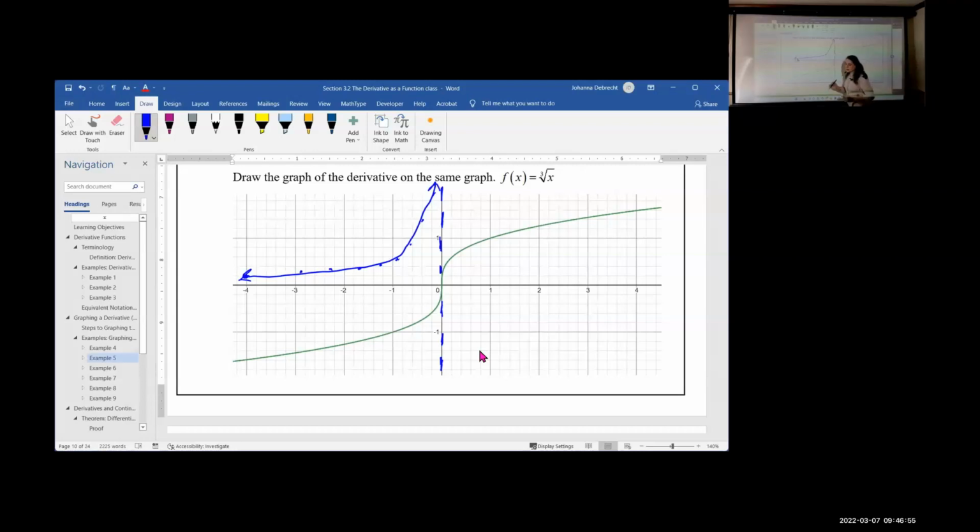And because it's uphill, it's above the axis. So again, it starts out low. It doesn't make a big change until it gets closer over here to 1, and then it starts climbing very rapidly. Does everybody see that? That's the graph of the derivative from the function.